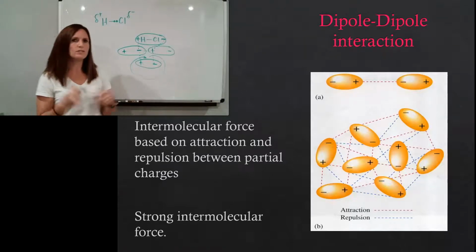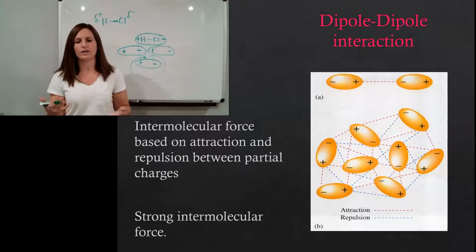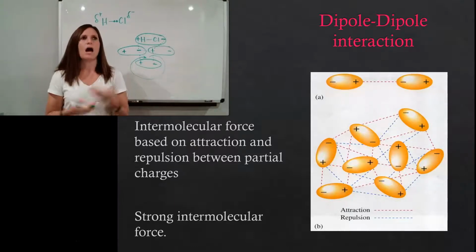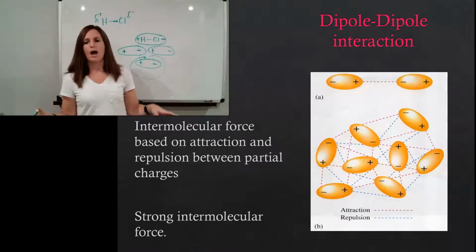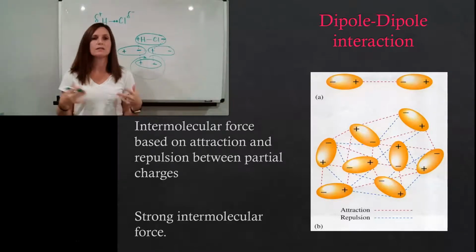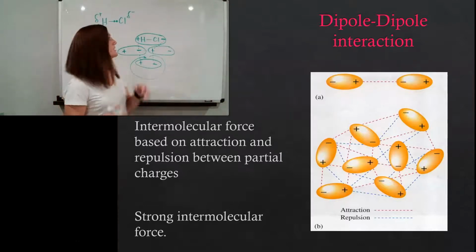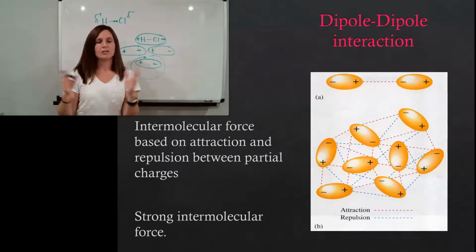So this dipole-dipole interaction is just a very small interaction that holds a liquid together. This is the kind of thing that would keep liquid in a puddle instead of running all over the cement. Lots of liquids have these dipole-dipole interactions, and these are considered to be the middle strength intermolecular force.